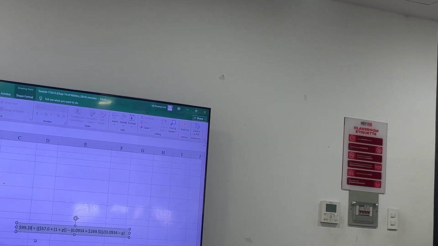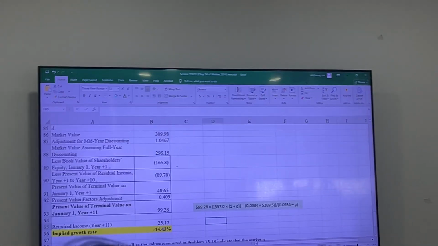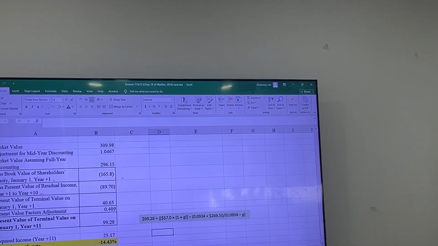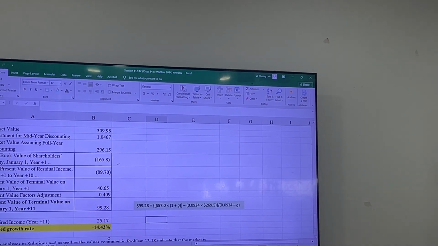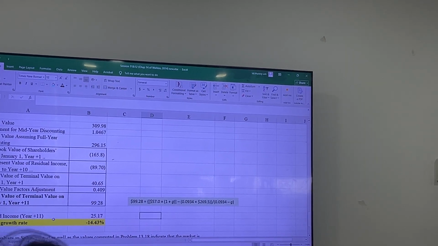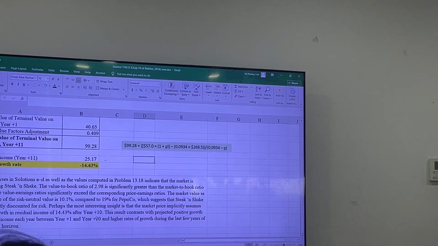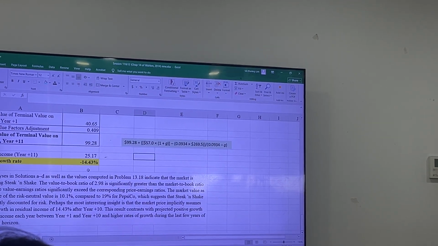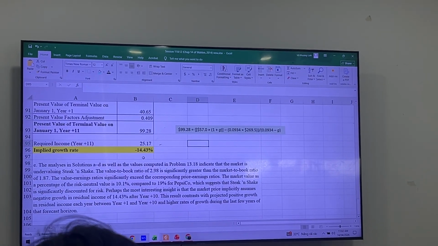So for g, you can get the implied growth rate of the market to be negative 14.43. So the market is making this assumption, students. The market assumes that the growth in our formula is now negative. But here you can see that the market is actually undervaluing the share of your company with this assumption.